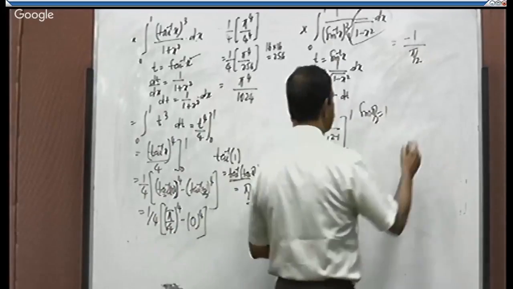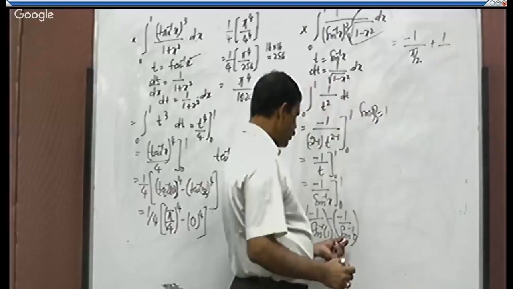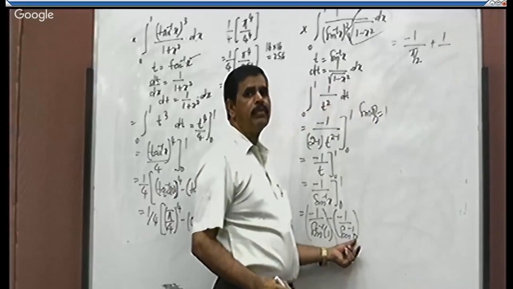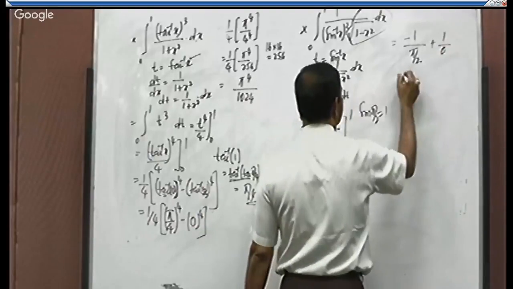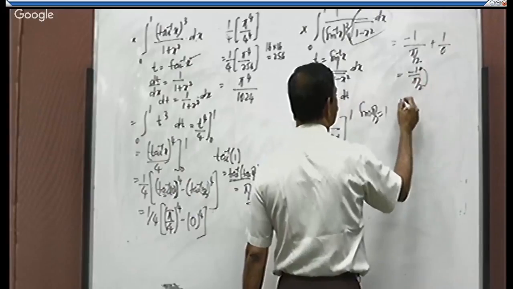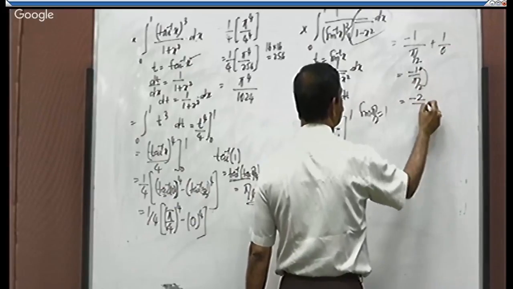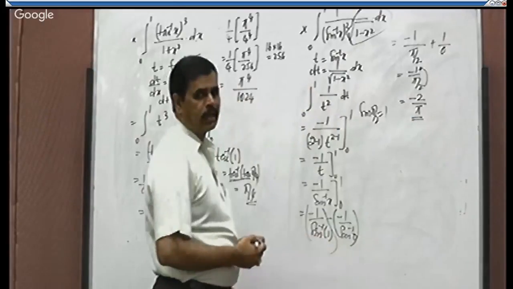Minus into minus plus 1 divided by, for what value of sin will you get 0? Sin 0 is 0, therefore I have to write 0. The answer is minus 1 by pi by 2, or 2 goes to the numerator. It is minus 2 divided by pi. Minus 2 by pi is the answer. Right?